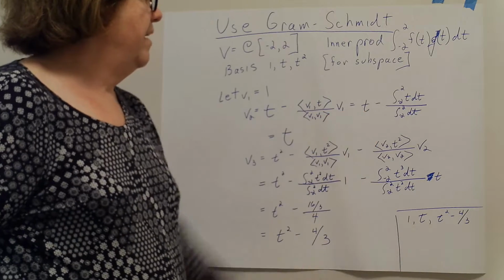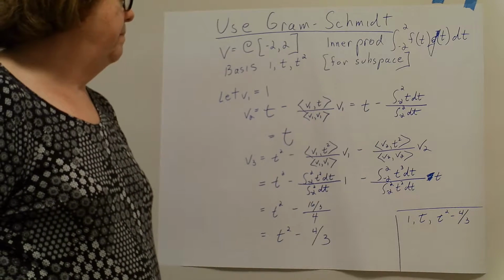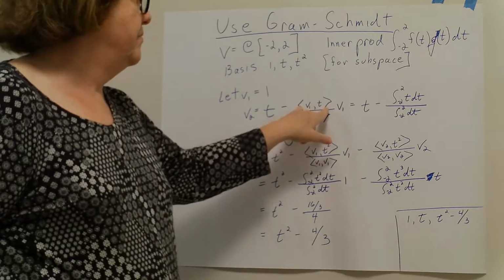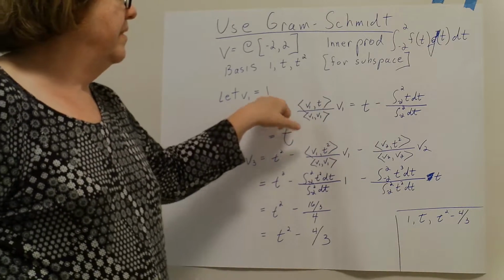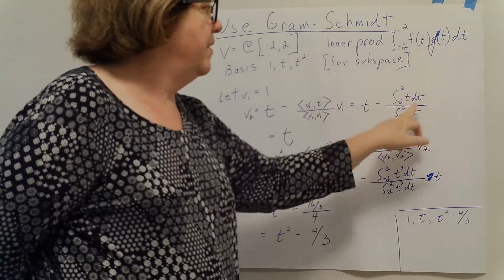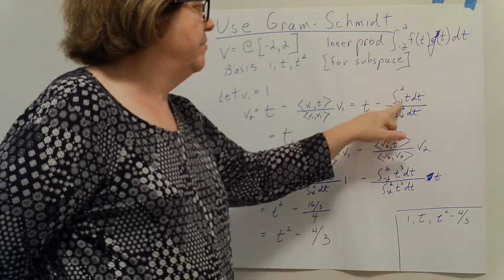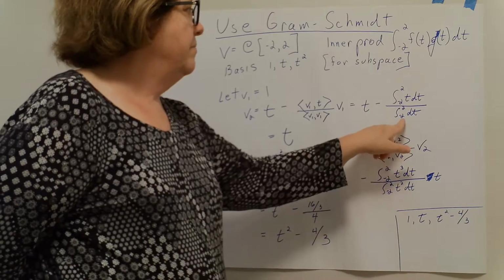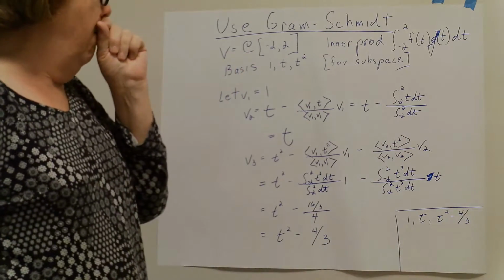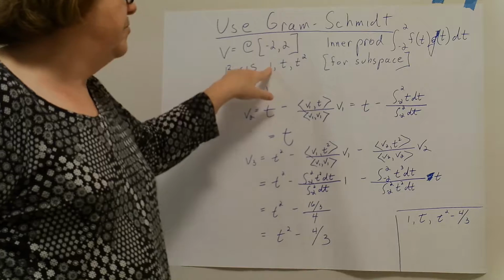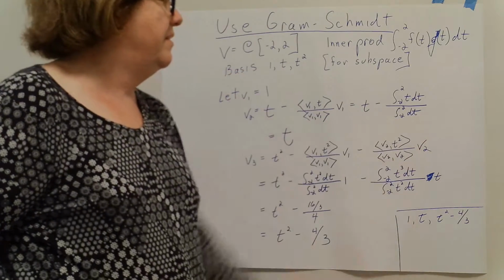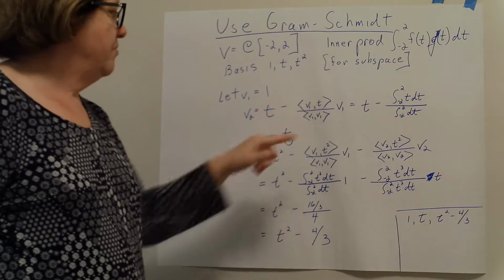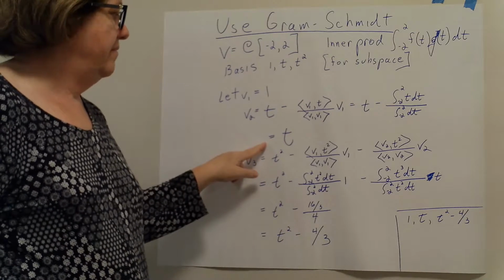So now we have t minus, okay, the inner product of V1, which is 1, with t. It's the product of 1 and t, the integral from -2 to 2, t dt. The bottom is the integral of 1 times 1, which is 1 dt, from -2 to 2. So all that is just equal to t.